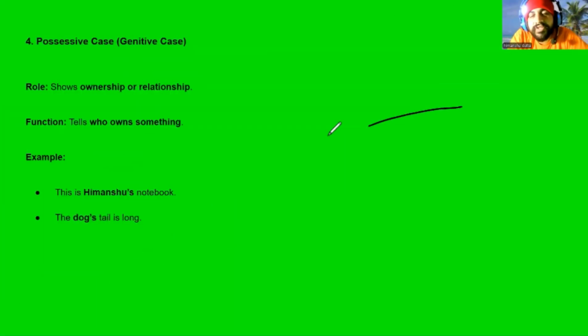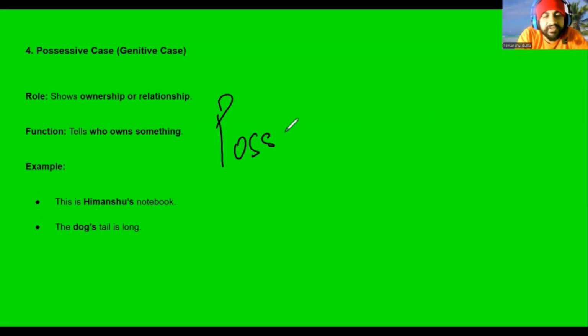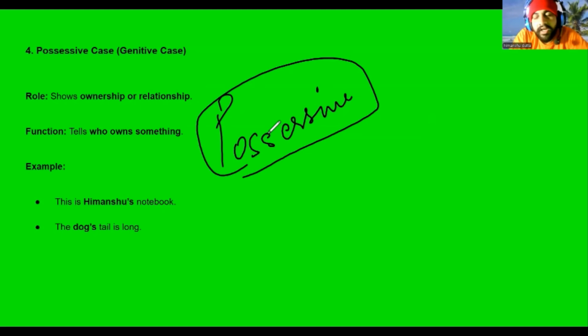Next is the possessive case. Now, possessive is possession. Everybody has their own possession in life. We are possessed with different kinds of work in life. I'm possessed with teaching, and with my own daily work, like making food, doing laundry, and the kinds of things that everybody does. That's my possession, that's my work.